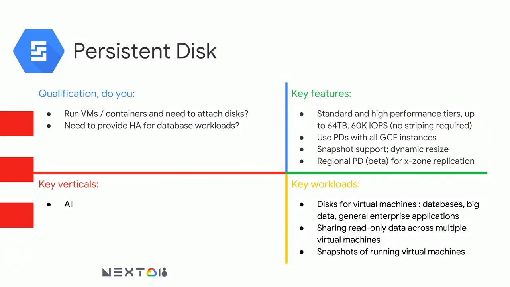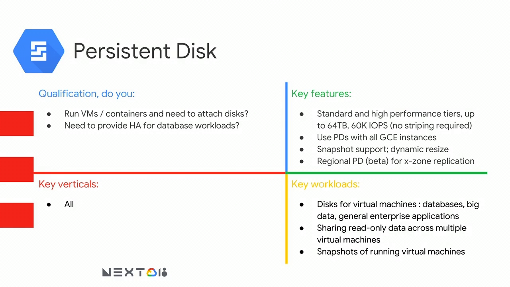Persistent disk. This is the classic, I'm running a VM, I'm using containers, and I need a disk. The disk that we provide is not like a physical disk that's actually on the same server in our data centers. It's actually over the network. We create you effectively a virtual disk that you can then attach to these instances.